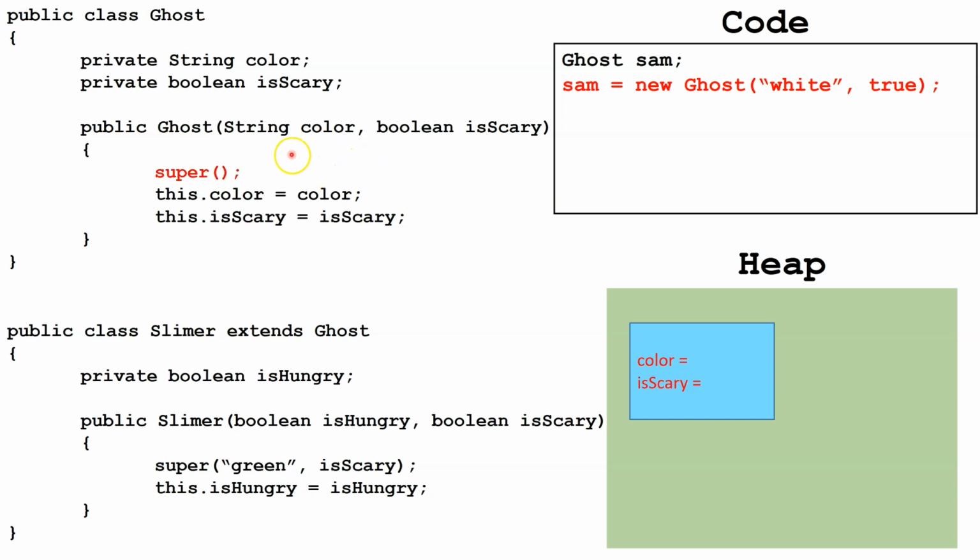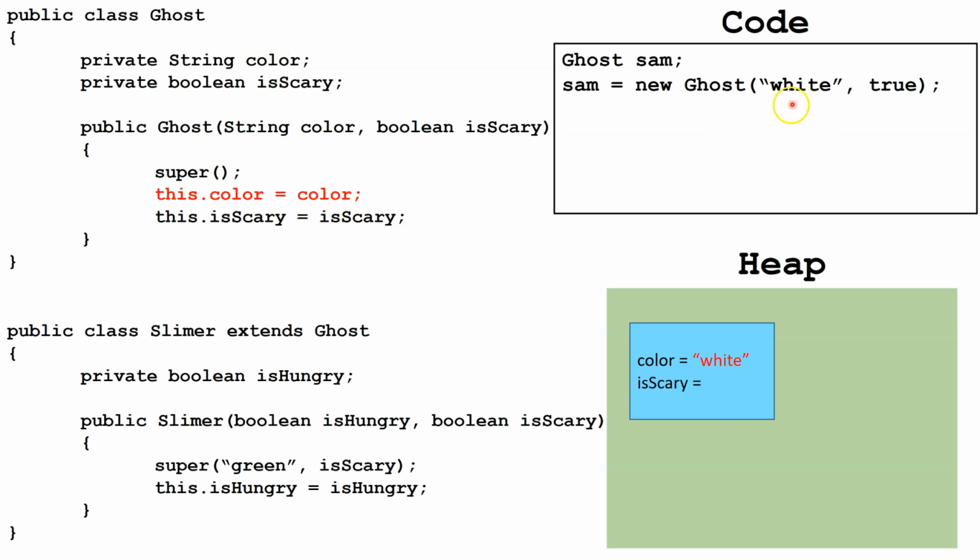The first thing the constructor does is call the no parameter constructor in the superclass, which is the Java Object class. We don't need to worry about what the constructor in the Java Object class does. The next thing we do is set the field color equal to the parameter color.